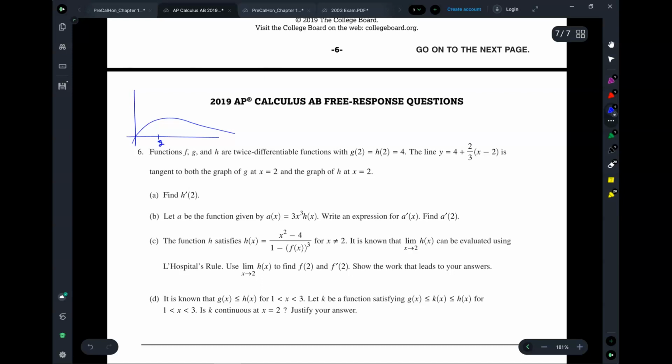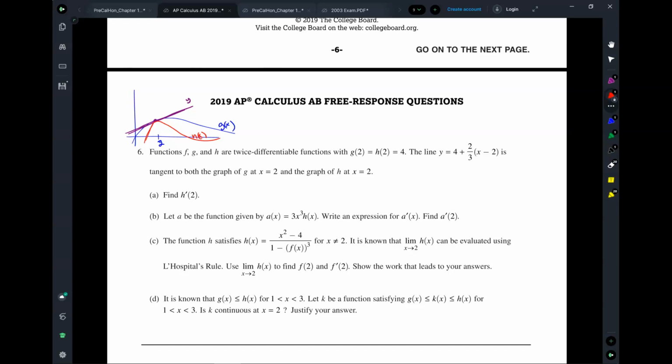This is at 2. So suppose this is g of x at 2. The line is tangent to it. Do you see how it's tangent to it at x equals 2? And now, h of x is a completely different function, but h of x is over there, and that purple line is also tangent to h of x at that same point, right?